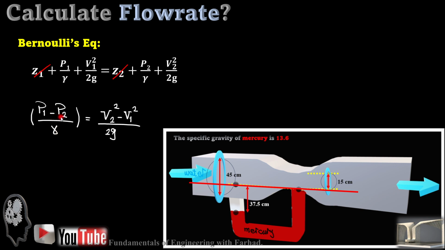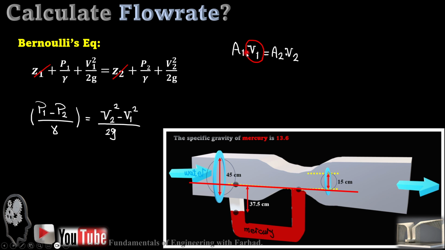So (P1 minus P2) over gamma is equal to (V2 squared minus V1 squared) over 2g. Also, the discharge passing through the venturi meter remains the same, so A1 times V1 is equal to A2 times V2.